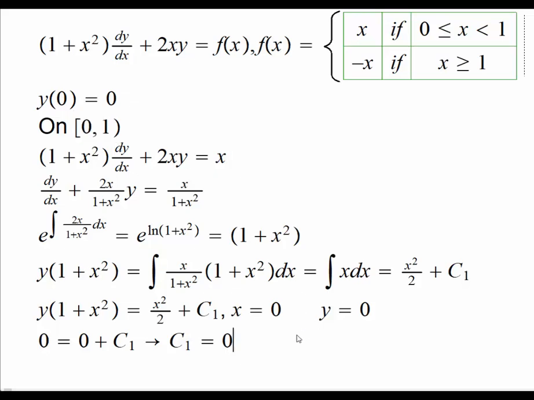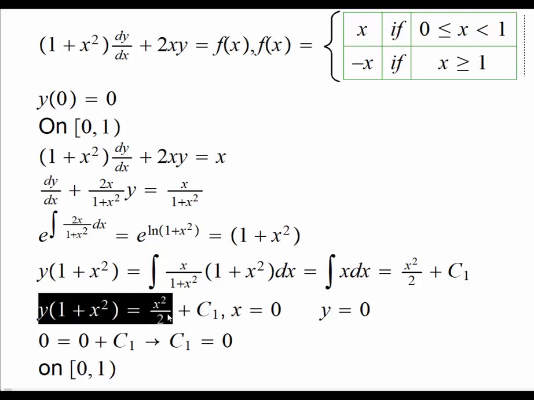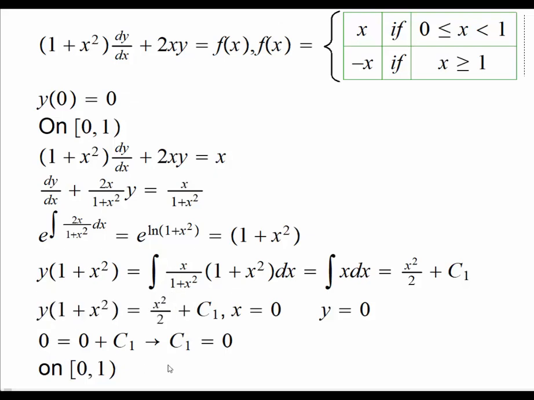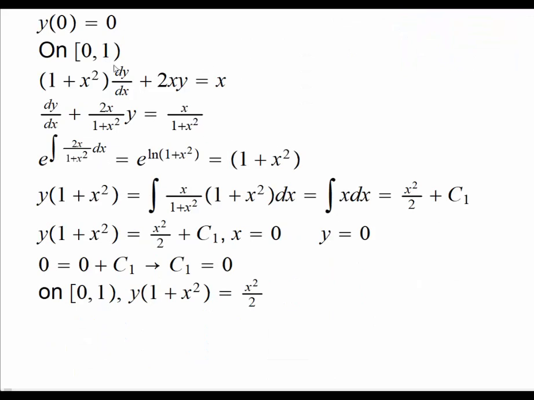So for this we got, on 0, 1, y equals x square over 2, or y equals x square over 2 times 1 plus x square, right?